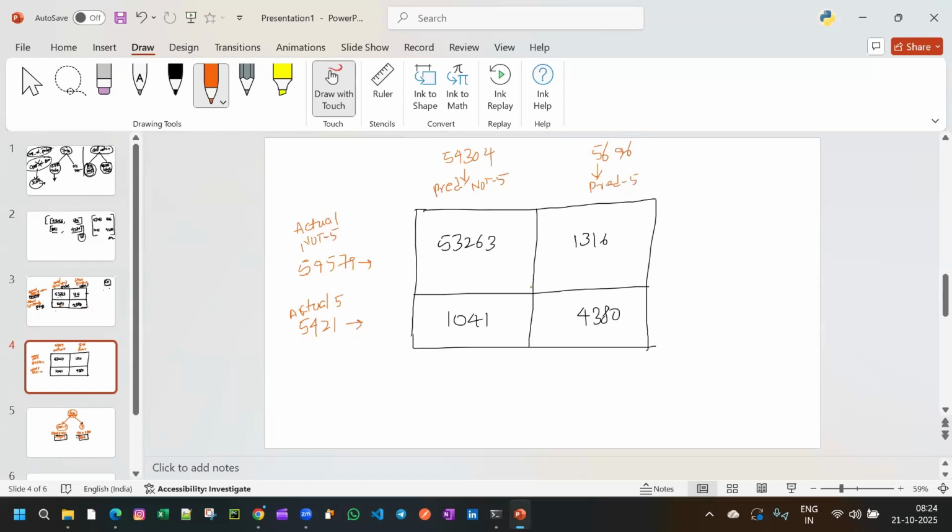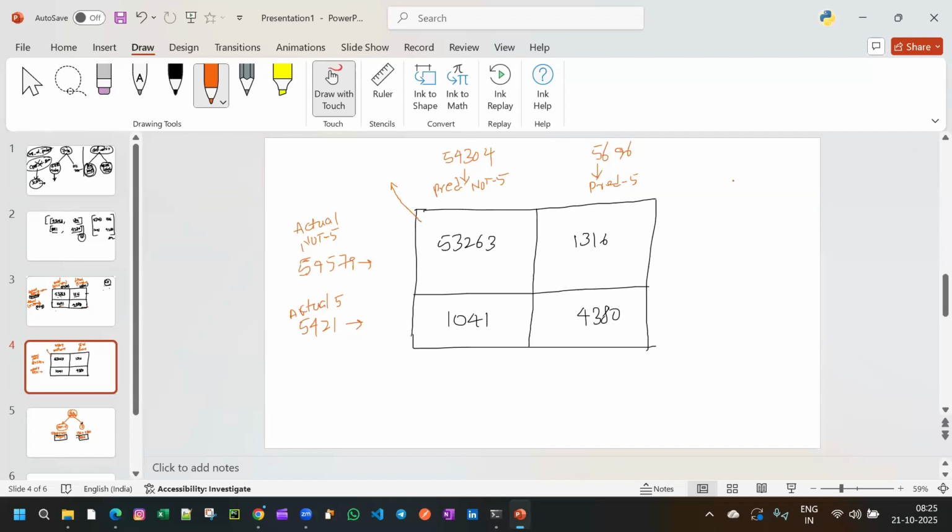These are what the rows and columns represent. Now let us discuss what each and every value here means. Understand, this is very, very important, where many people get confused. The first column, the first value represents: out of these 54,579 images of the actual not 5.